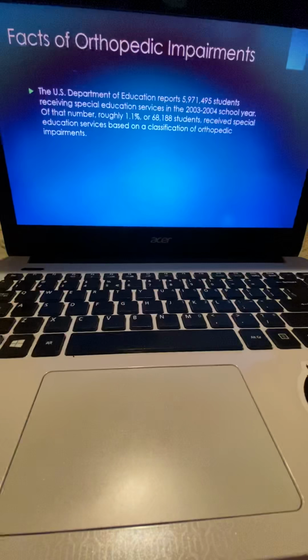Now, some facts on orthopedic impairments, strictly from my source: the Department of Education reports that a total of 5,971,495 students were receiving special education services between 2003 and 2004 of the school year, and of that number, roughly 1.1%, or 68,188 students, receive special education services based on a classification of orthopedic impairments.